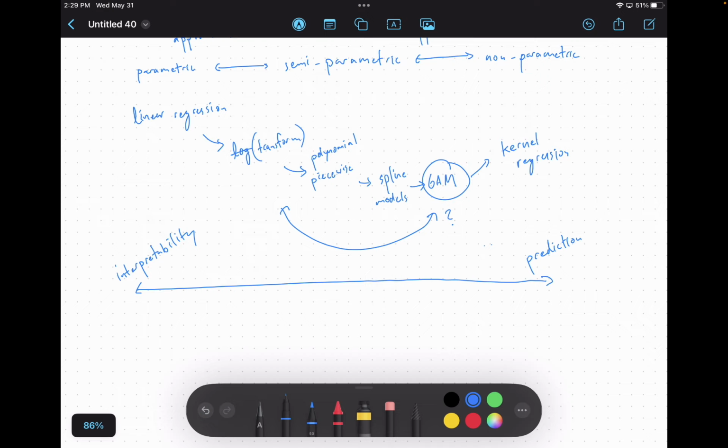It just so happens that there's a convenient relationship between log level, level log, and log log that you can still do an easy interpretation. But generally speaking, the more you do transformations, if it wasn't for this convenient little fact, it would be a little bit more complicated to interpret, right? So yeah.